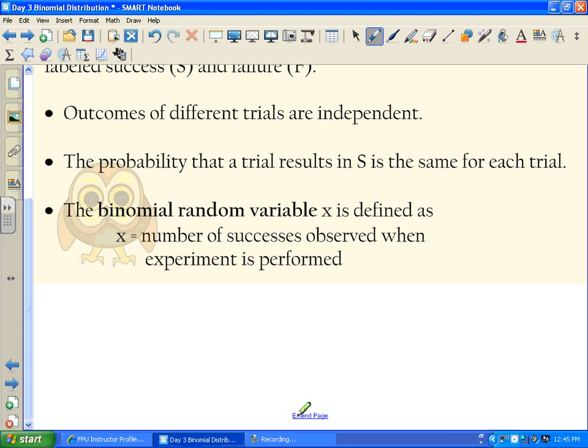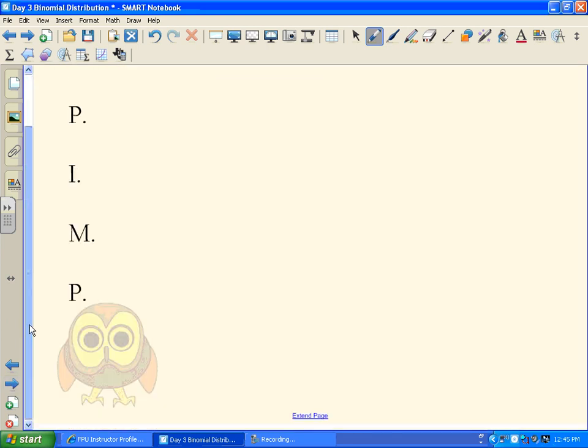So here's the easy way to remember the properties of binomial distributions. We're going to learn about PIMPS. All right. First P is going to stand for predetermined number of trials.